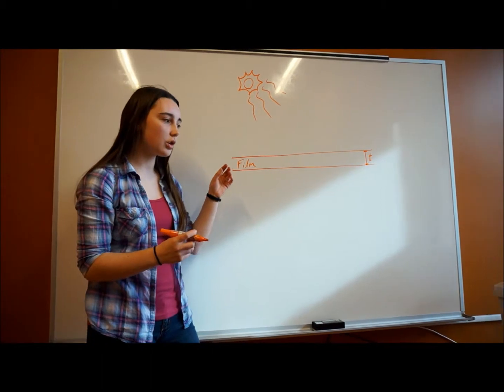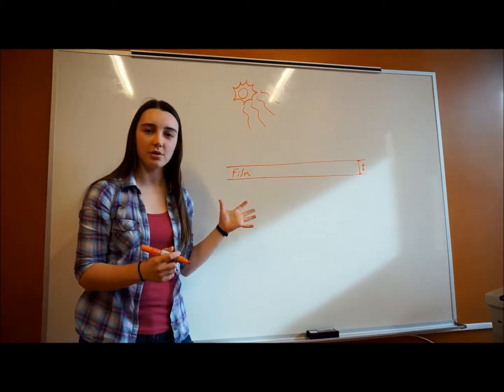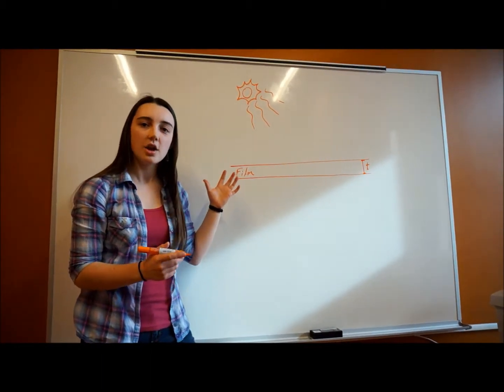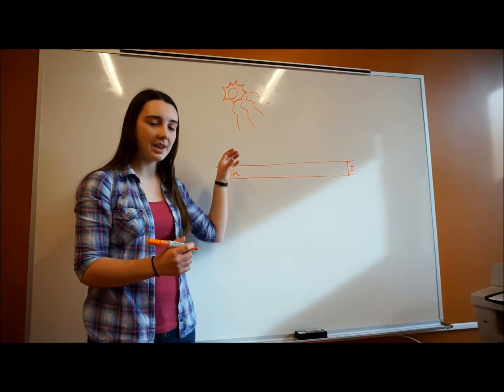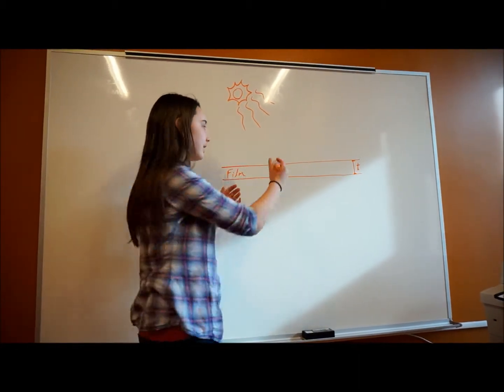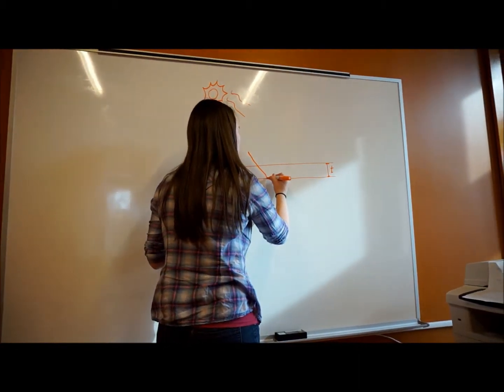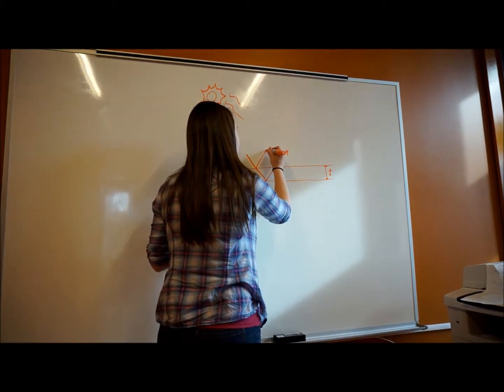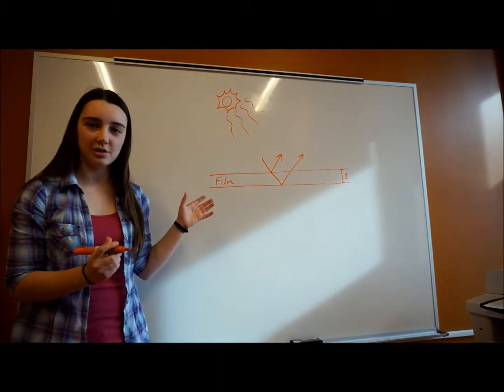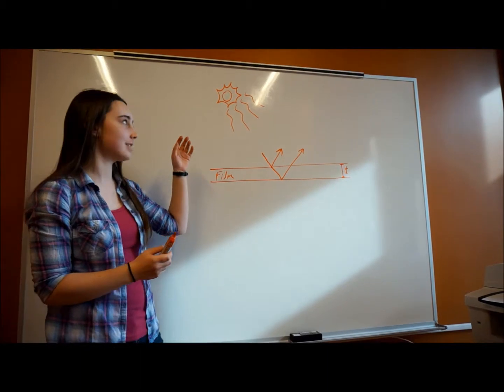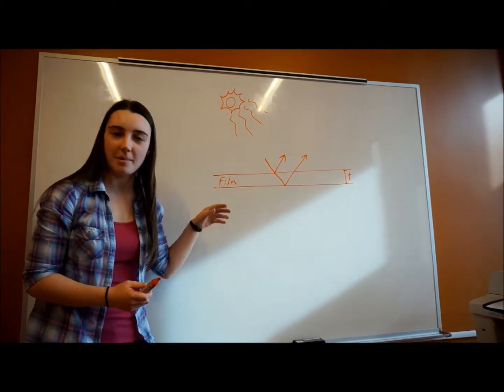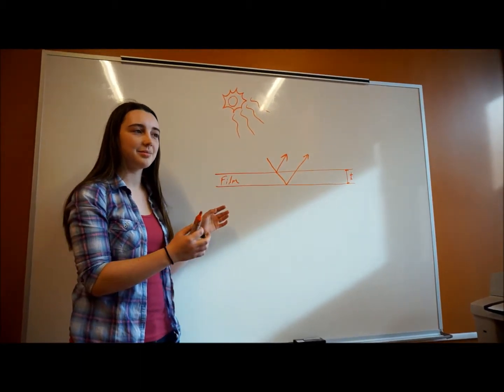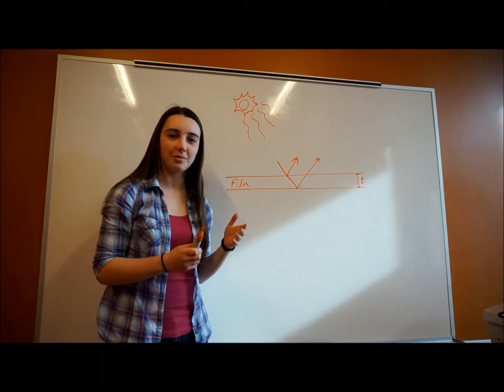So in order to create a nice interference pattern with sunlight, you need a very thin film so it can capture one burst of light, so that one burst of light will go in, be reflected, and create the nice interference pattern. If it's too thick, then many bursts of light will come in and interfere together, and it will kill your pattern.